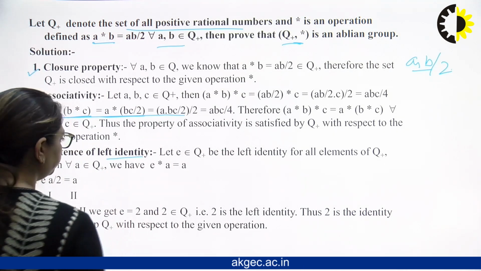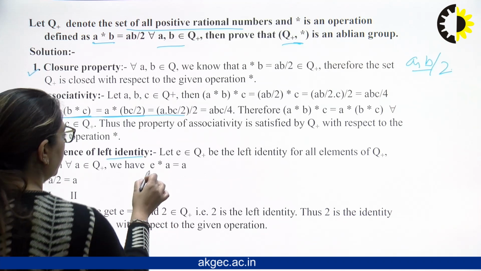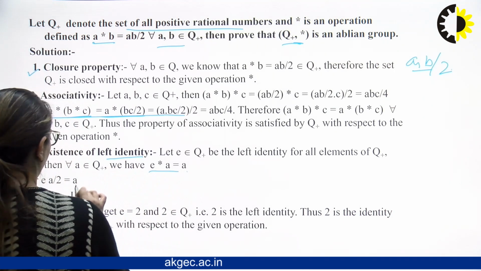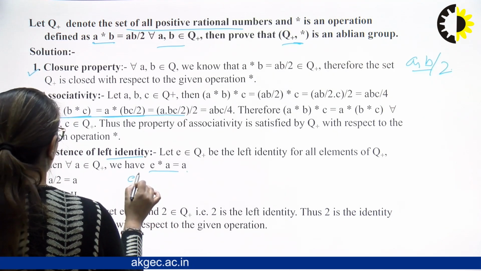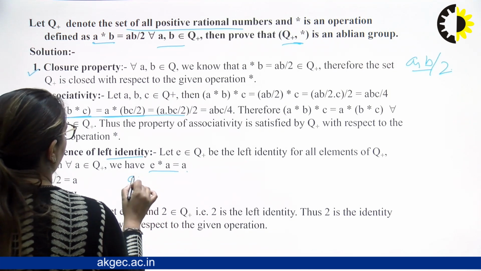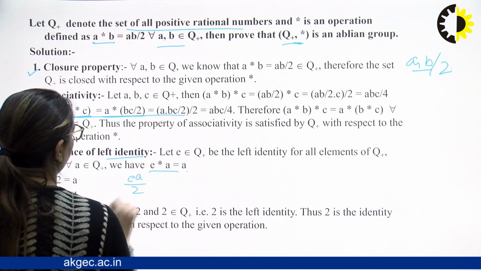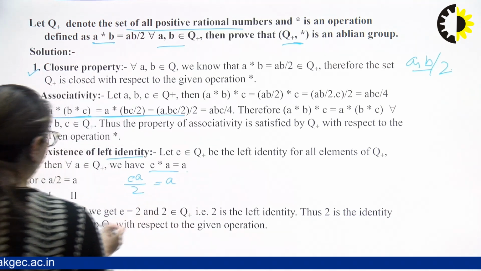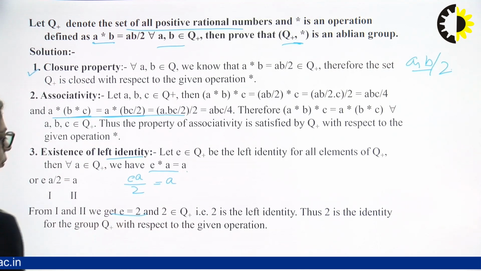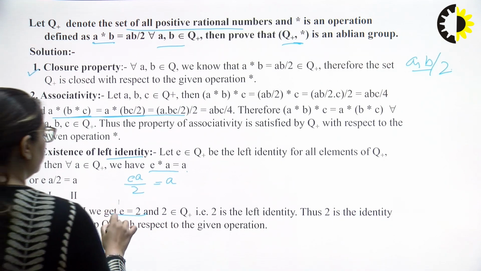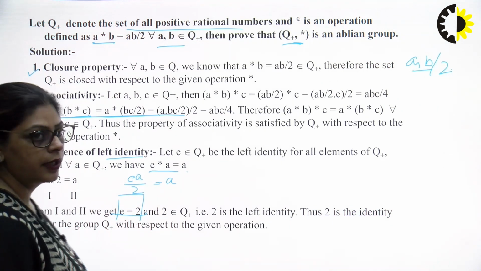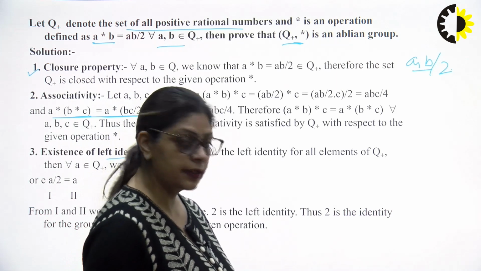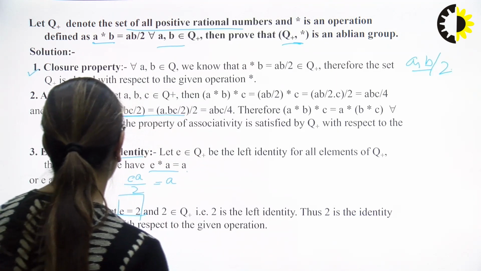Identity, let's find out the identity. E star A is equal to A, then E into A by 2 is equal to A. So from here we can derive that E is equal to 2. E is equal to 2, that means E is a rational number, that means it exists there, so it is satisfying the property of identity.